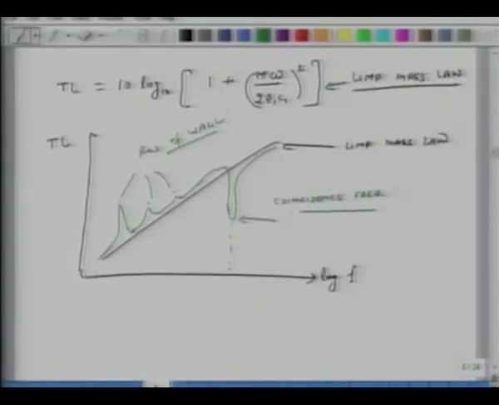So rather than going into math, at this you have a dip in transmission loss. But otherwise this limp mass law is a fairly good estimate of how much energy gets transmitted or lost through the medium. So what is the definition of the coincidence frequency? It is when the bending flexural waves of the wall coincide with the incident frequency, that is, the frequency of the sound.